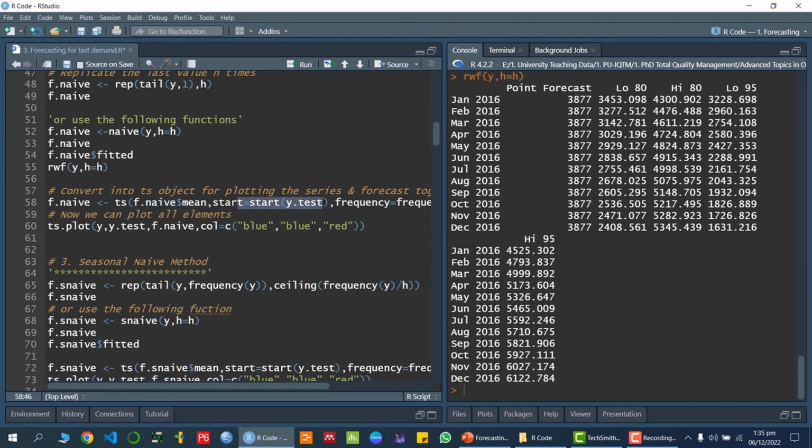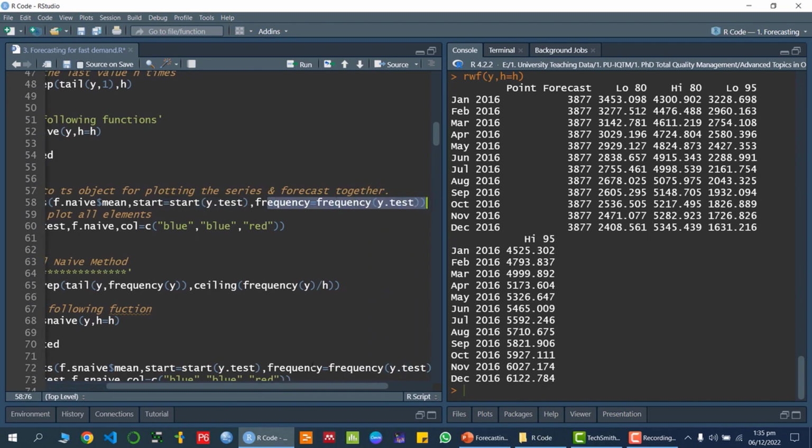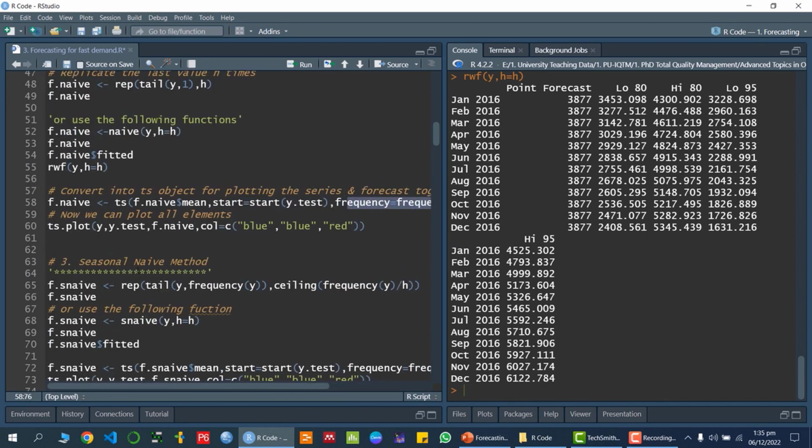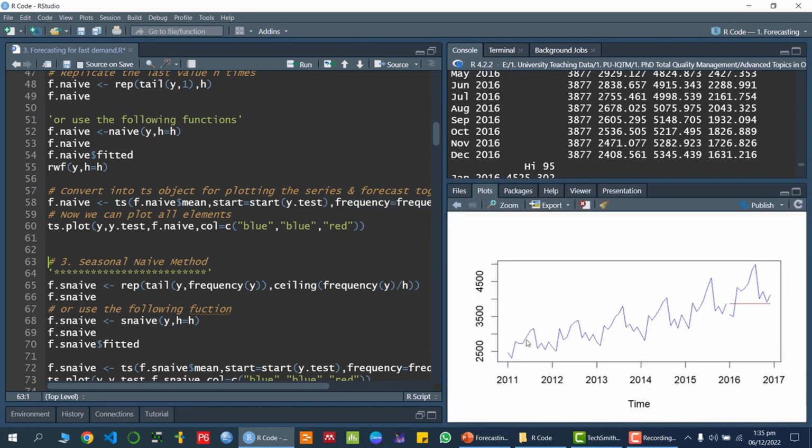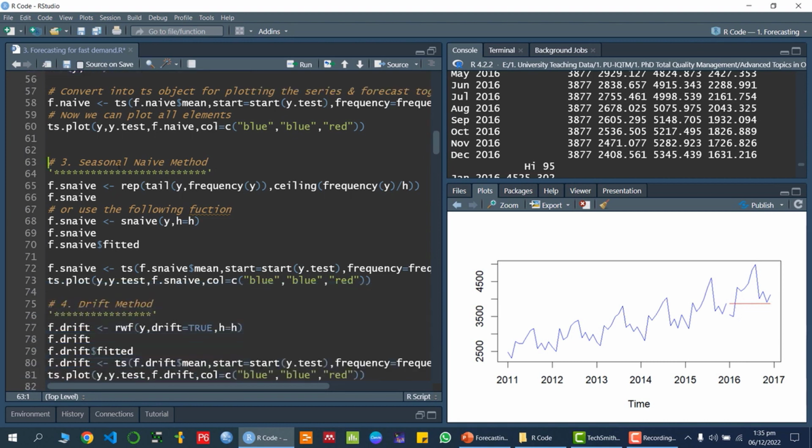The start time is from y dot test and the frequency is equal to the frequency of y dot test. If I run this and plot this one, this is the original data set, this is the test data set, and this is the forecasted value with the help of the Naïve approach. So now we are going to apply the seasonal naive method.